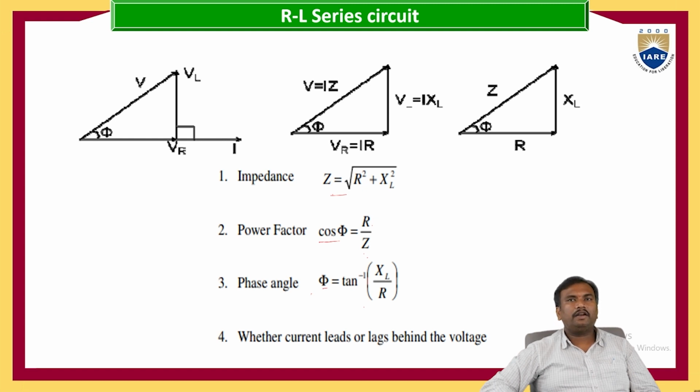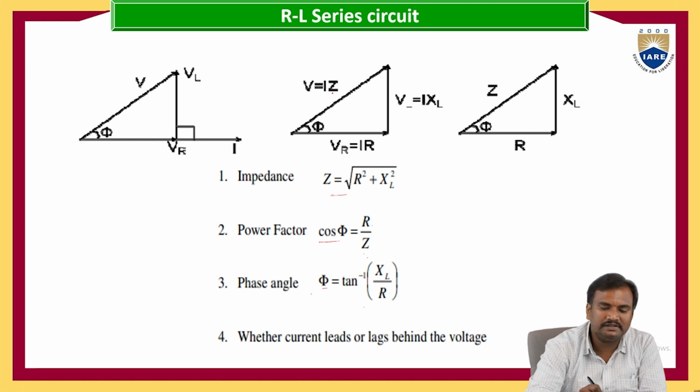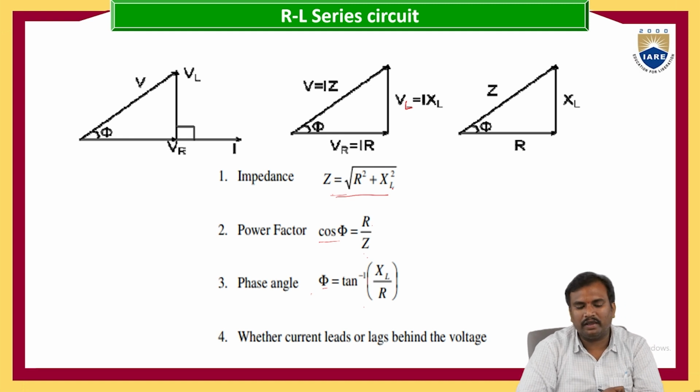And this is the way we draw the impedance triangle. Here V is equal to IZ. Here VR is equal to I into R, VL is equal to I into XL, and the resultant voltage V is equal to I into Z. This is Z or XL, where impedance Z is equal to square root of R square plus XL square.